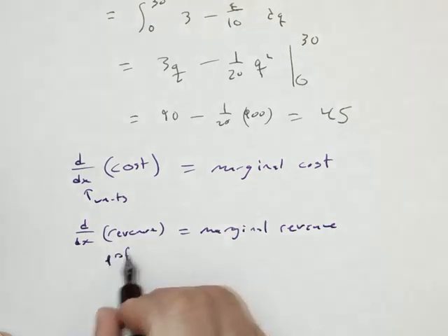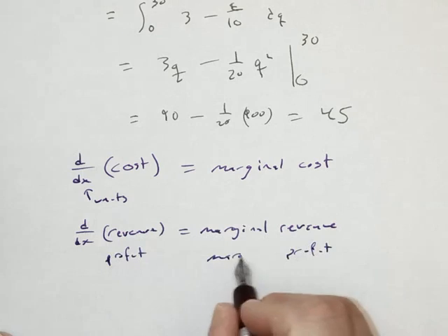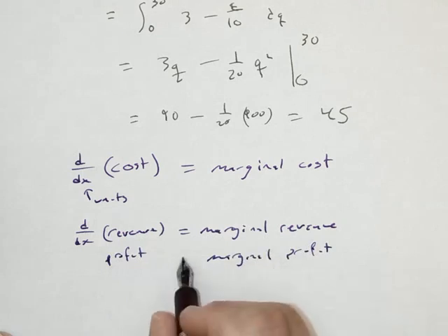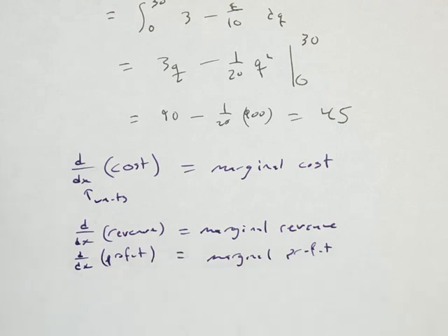And profit. But it turns out that actually finding marginal cost and marginal revenue and marginal profit in a business setting is easy.